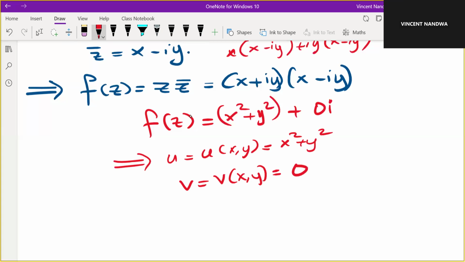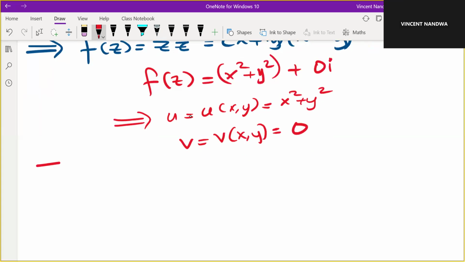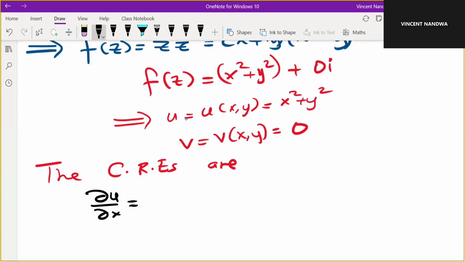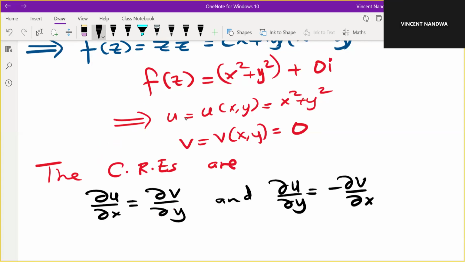So we remember that the Cauchy-Riemann equations are the starting point for this function to be analytic at any point; it must satisfy them. So we have partial u, partial x must be the same as partial v, partial y, and partial u, partial y the same as negative partial v, partial x. This is the starting point, condition 2, this is the first equation. And then the other thing to test is that all the functions are continuous.